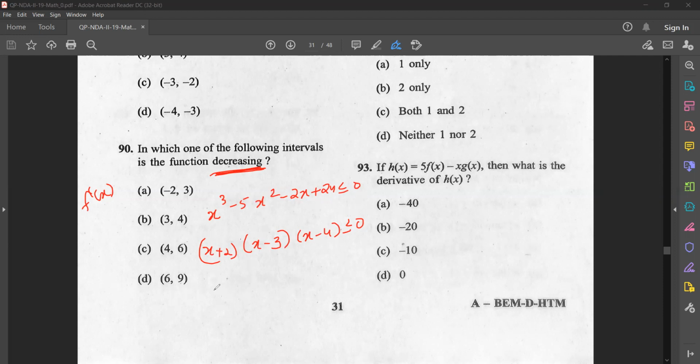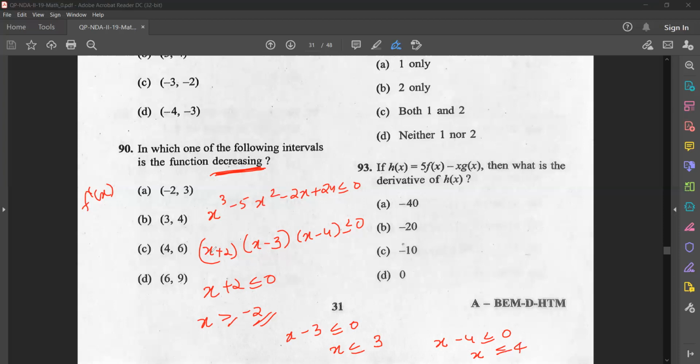So x plus 2 less than or equal to 0 means x greater than or equal to minus 2, isn't it? Then x minus 3 less than or equal to 0 means x less than or equal to positive 3. Then x minus 4 less than or equal to 0 means x less than or equal to positive 4.